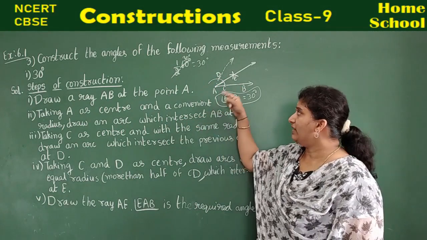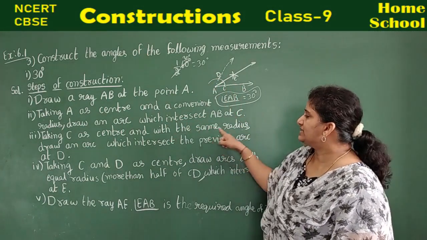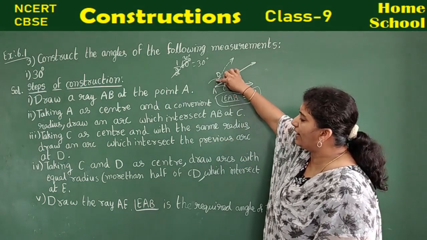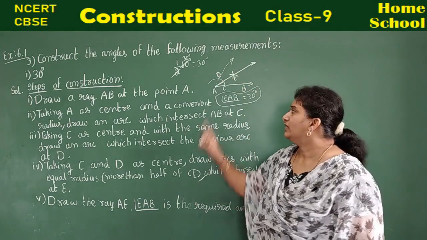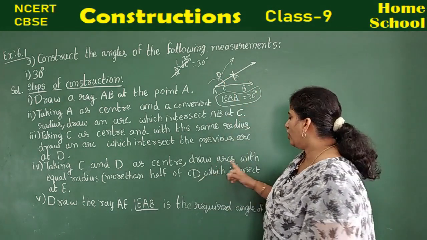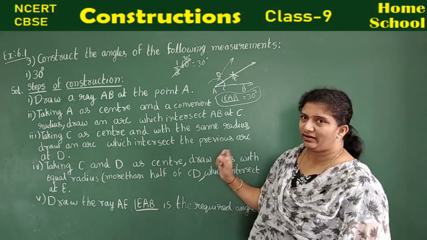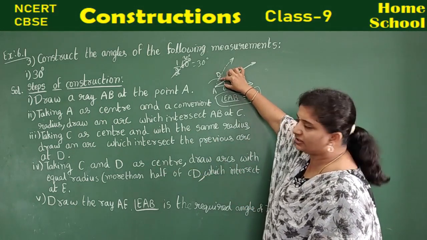Now third step, taking C as a center and with the same radius, draw an arc which intersects the previous arc at D. Taking C and D as centers, draw arcs with equal radius. Equal radius means more than half you should measure here.